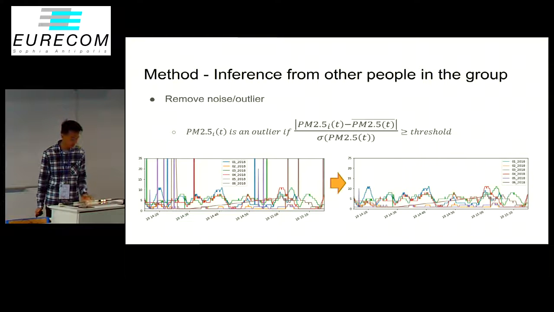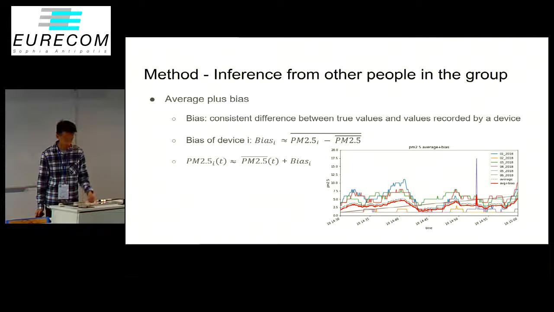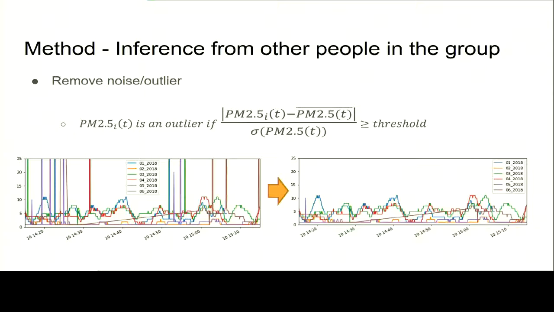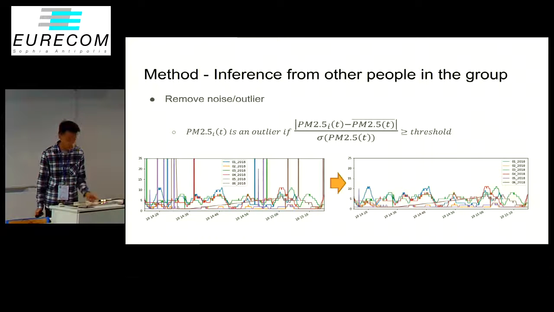So they propose to remove the noise and outliers first, and then apply the approach from run 4 again, putting a threshold to remove the outliers and computing the average. So the main idea of run 5 is that they remove the outliers and apply the same way as in run 4.